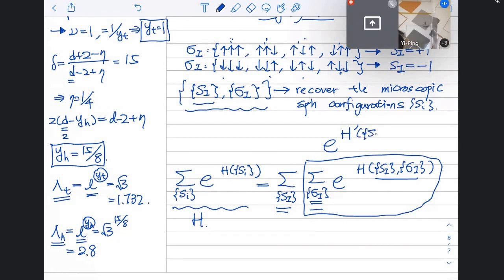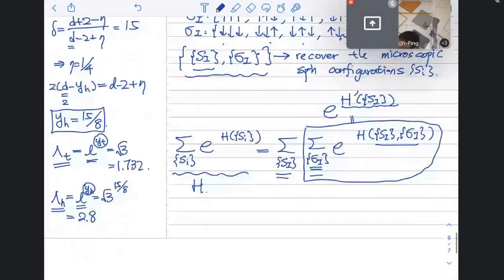This thing should be something like this. So what we are trying to construct is the corresponding H prime in terms of this new set of coarse-grained variables. I think that would be logically more clear.